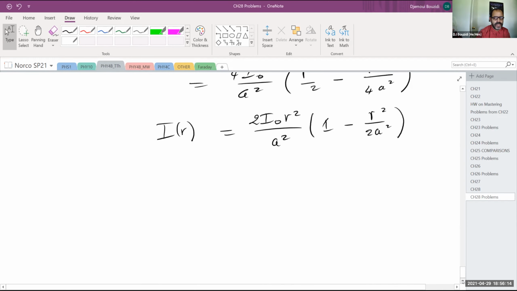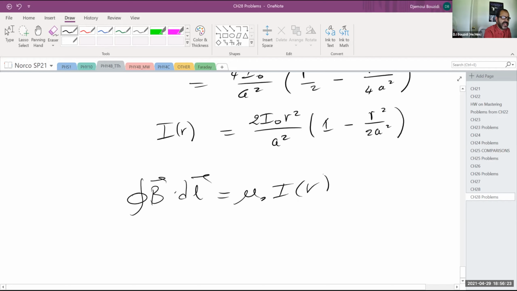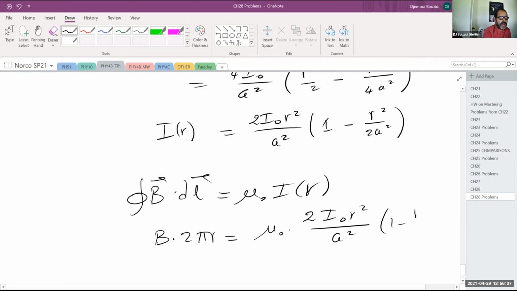So now, in the last part in here, what we're saying is that the circulation of B dl must be equal to mu naught times I sub r, the value that we found. And this one, again, by symmetry, is going to be just B times 2 pi r, and this is equal to mu naught times 2I naught r squared over a squared times 1 minus r squared over 2a squared.